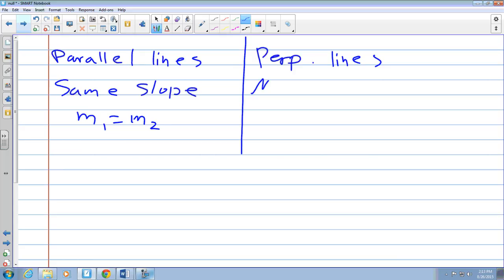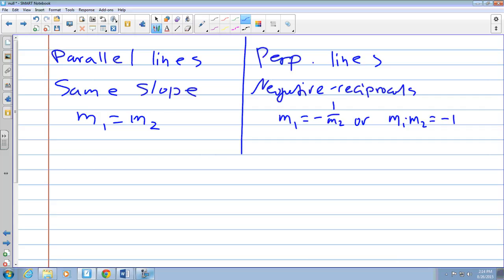So negative reciprocals, that word got away from me. So let's say m1 equals negative 1 over m2, or every time you multiply the slopes of perpendicular lines, it's always going to come out to be negative 1.